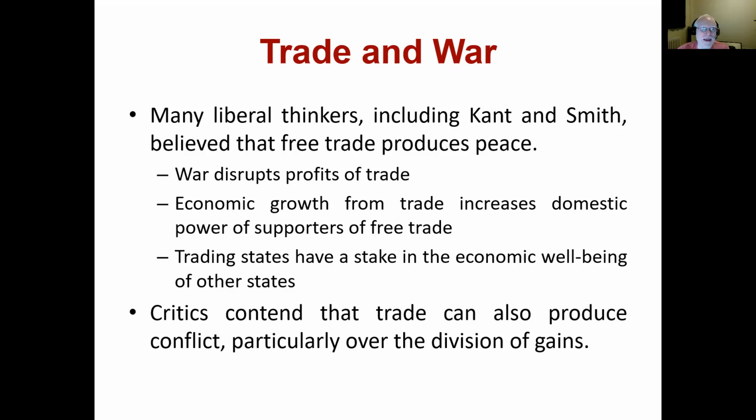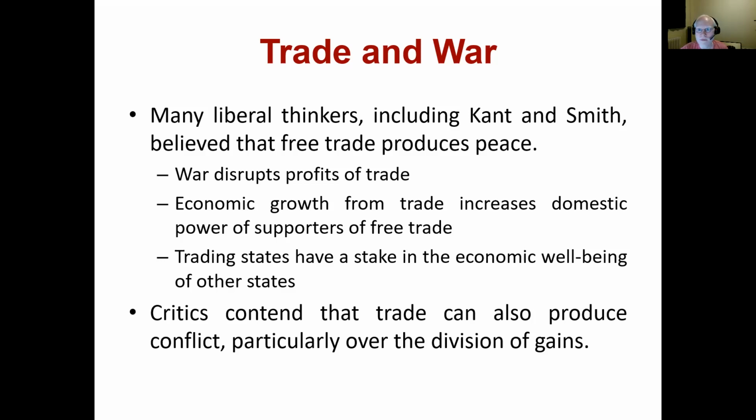Now, it could be that trade actually made the war less likely, but all of the other factors that can produce war were so strong that despite the pacifying effect of free trade, we still ended up with war. If we didn't have free trade, war would have happened earlier or would have been even more likely, right? So that example doesn't necessarily mean that trade doesn't work, but it does at least question how strong of an influence it is.